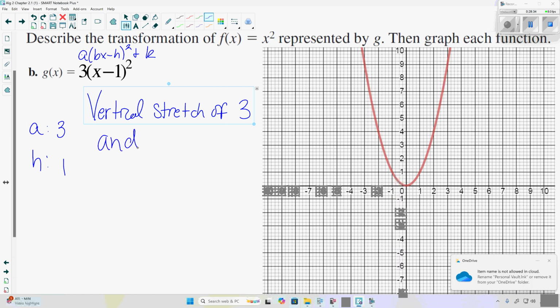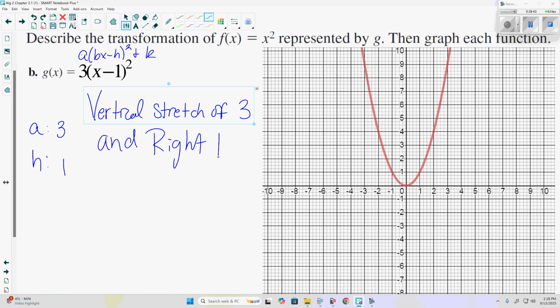The positive 1 would be right 1. And that's it. Questions on this here?